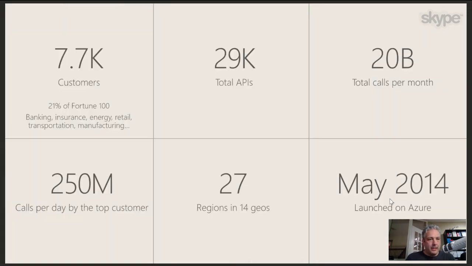The Azure API Management service has close to 8,000 customers now, many of them Fortune 100 customers, or 21% of Fortune 100 customers are using us. We get close to 20 billion calls per month, and our largest customer is hitting us with 250 million calls a day. So we are a proven and tested solution available in 27 different regions, and we are constantly working on bringing new features.